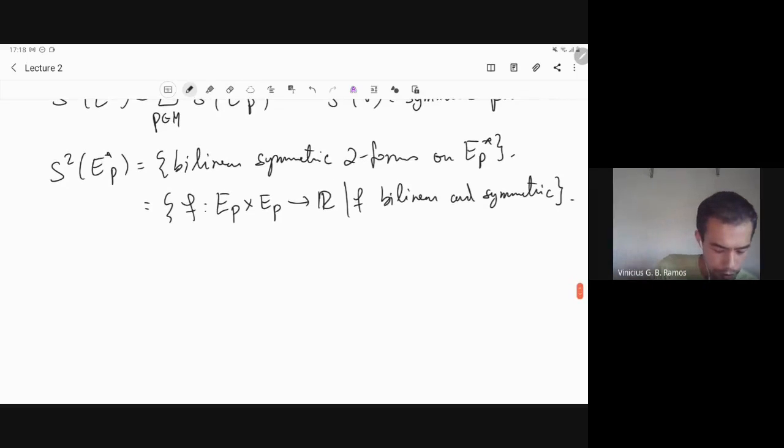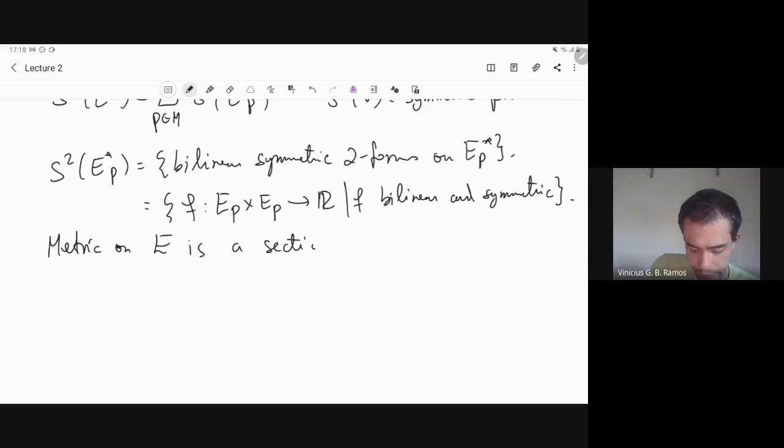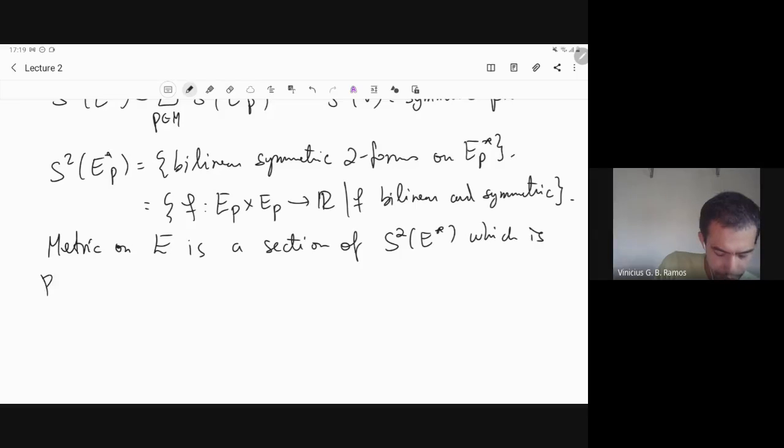Okay, so now a metric on E is a section of this bundle which is positive definite.